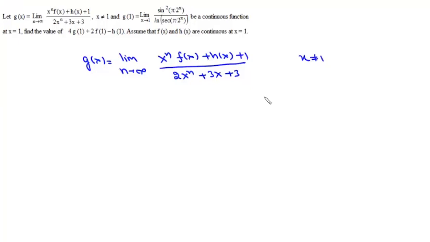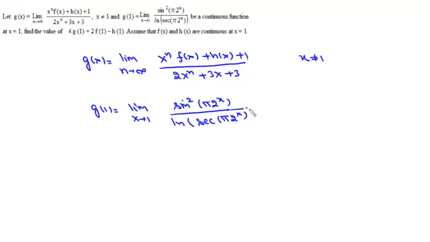It also says g(1) is the limit as x tends to 1 of sin²(π·2ˣ) / log sec(π·2ˣ). Now it says, if it is a continuous function at x equals 1, then find the value of 4g(1) + 2f(1) - h(1), assuming f(x) and h(x) are continuous at x equals 1.